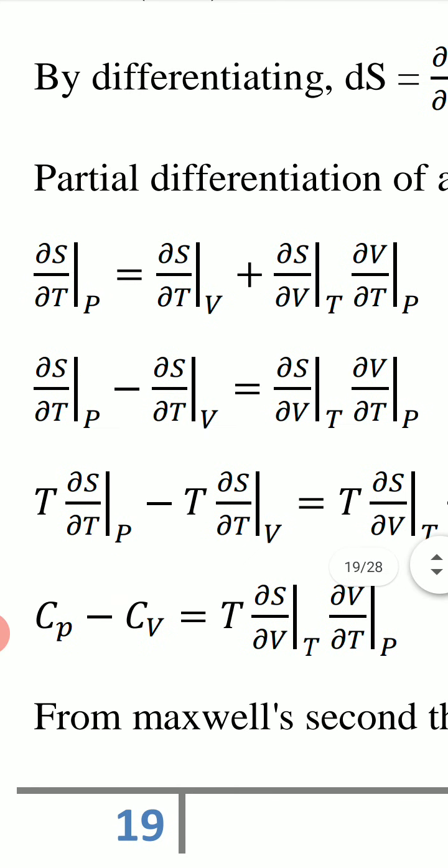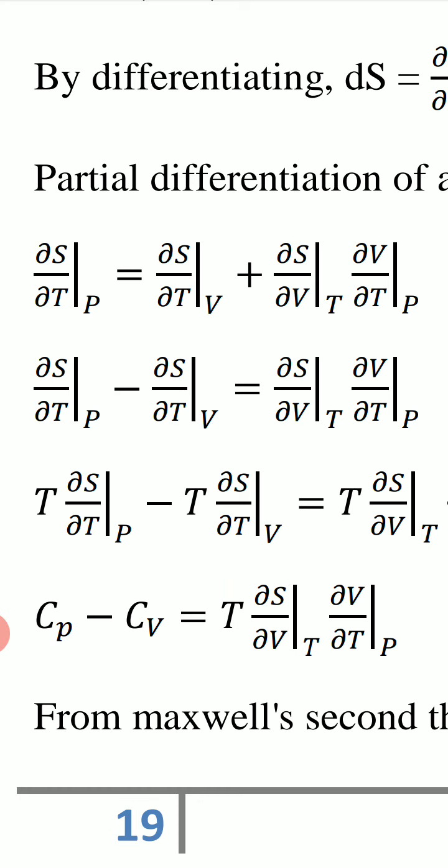So we write delta S upon delta T at constant P equal to delta S upon delta T at constant V plus delta S upon delta V at constant T into delta V upon delta T at constant P. Put constant P in the left hand side term and in the second term of the right hand side.